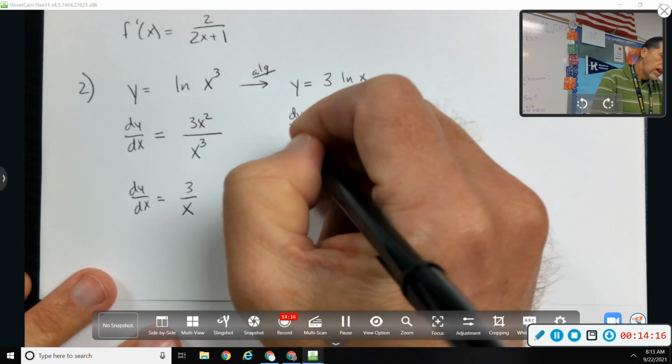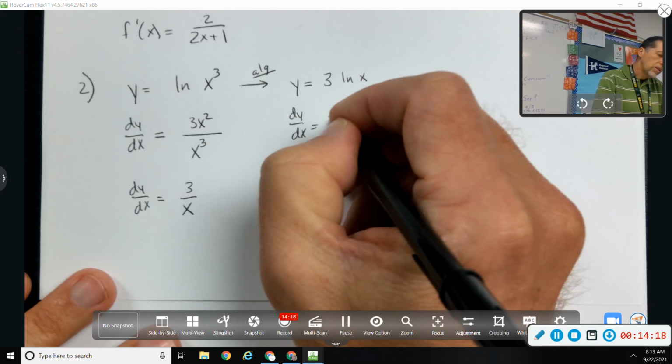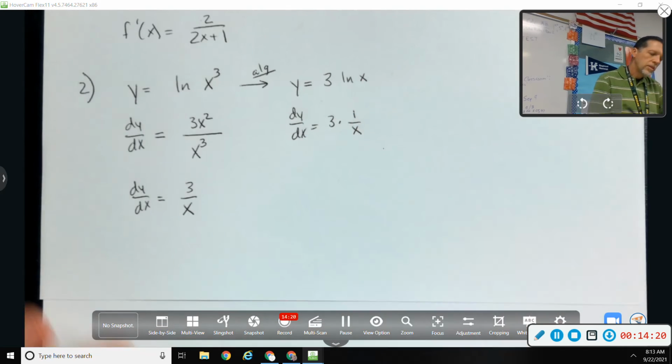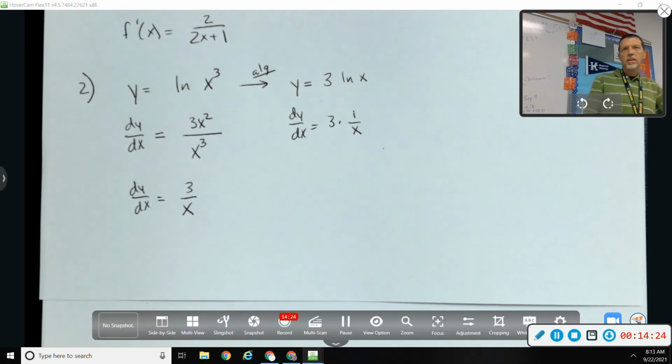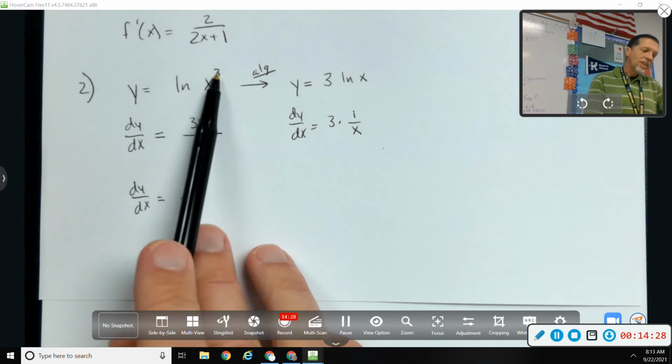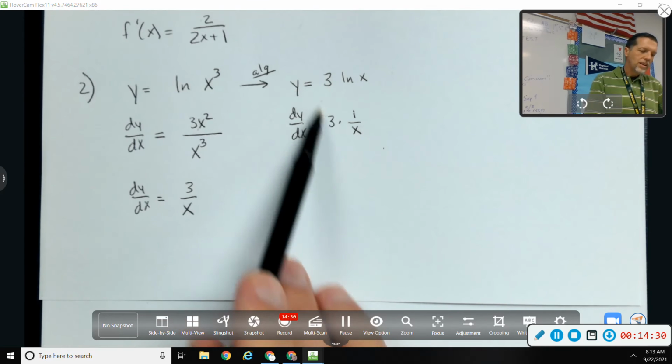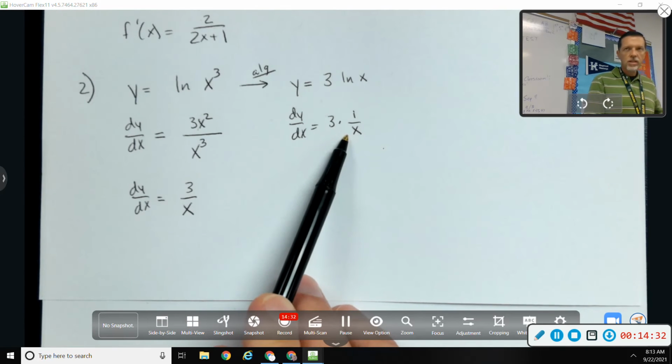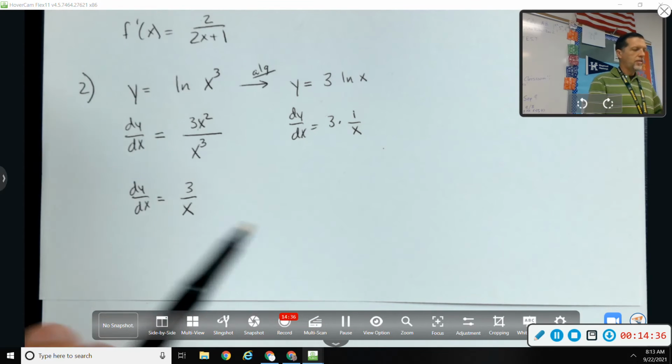And then the derivative of that would be 3 times 1 over x. That's the same thing. So this one wasn't too bad to not fix the exponent, but if we did, we still get the same answer. Derivative over the argument.